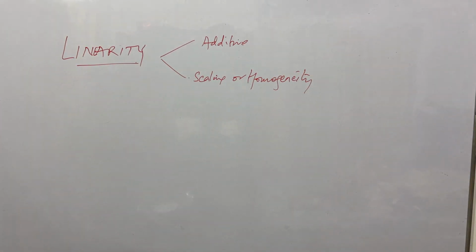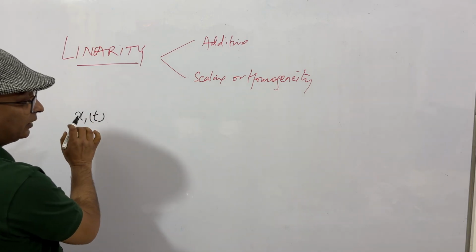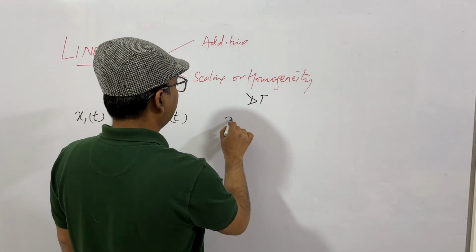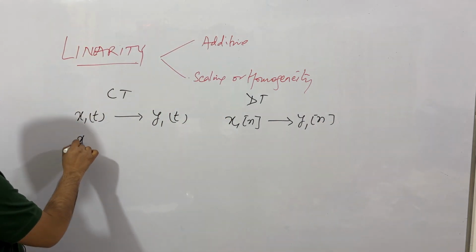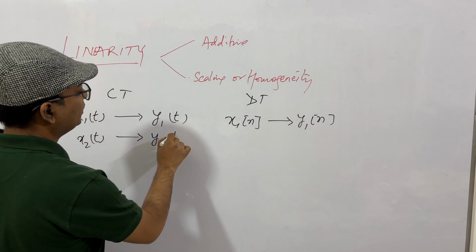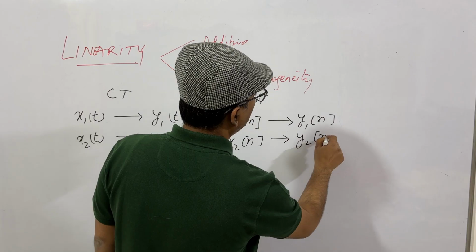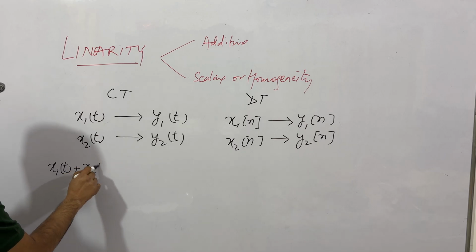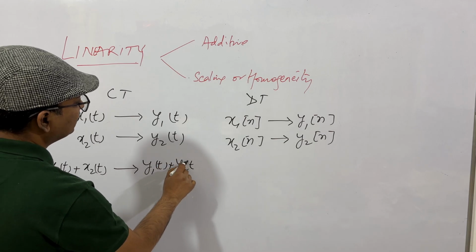So what are these properties that we must understand? Linearity means if for an input x1(t) the output is y1(t) in continuous time, and in discrete time, for an input x1(n) we get y1(n), and for another input x2(t) we get output y2(t), or x2(n) gives y2(n), then the additive property means if the input is x1(t)+x2(t), the output should be y1(t)+y2(t) in continuous time.